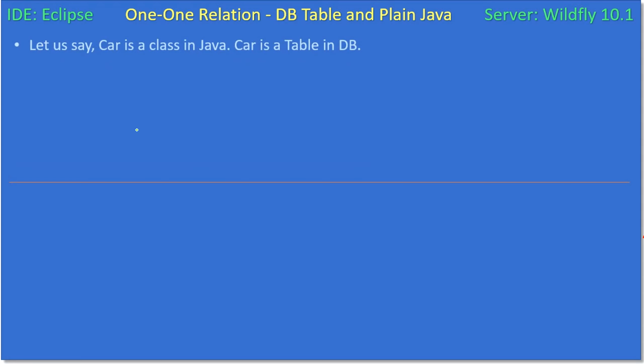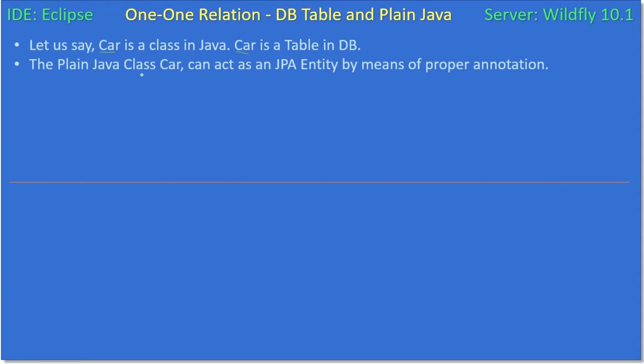Let us say Car is a class in Java and the same car is a DB table. In the plain Java class Car, the class can act as a JPA entity by means of a proper annotation. That means the Car entity should have a proper field mapping in the DB table, which we already saw when we created the savings account.